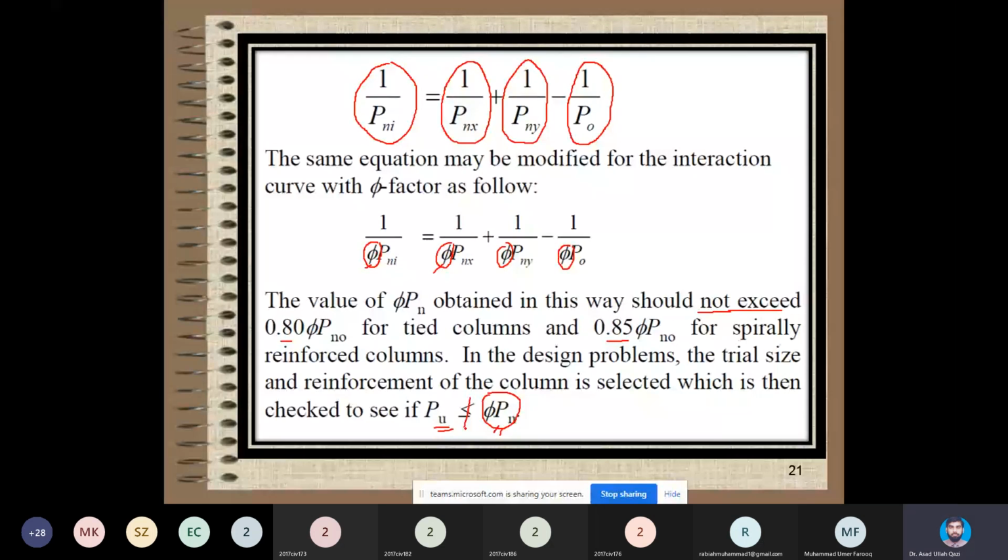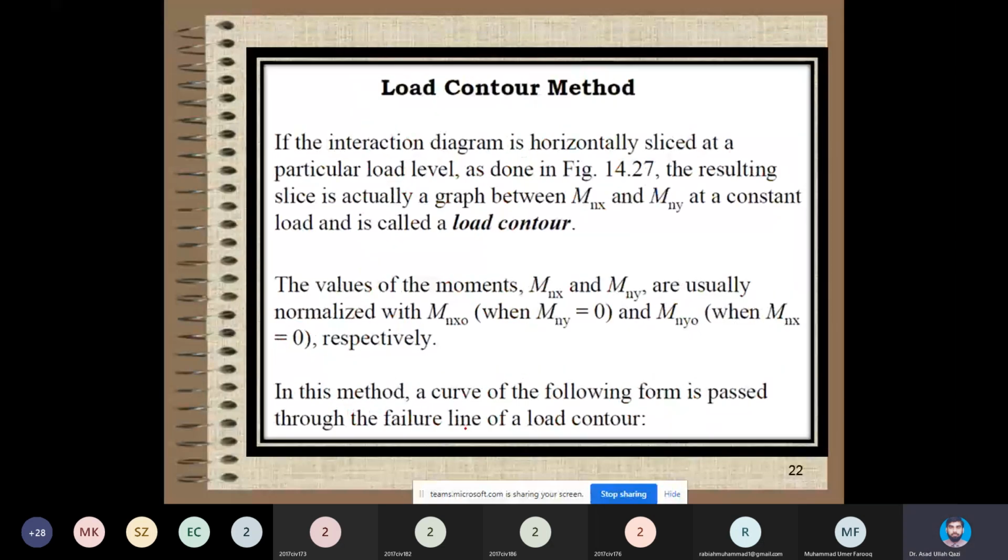Then comes another approximate method, the load contour method, which is also popular, and its detail is also available in the book by Nilson. And this method also is a review method.